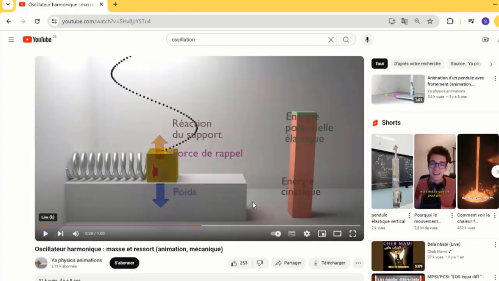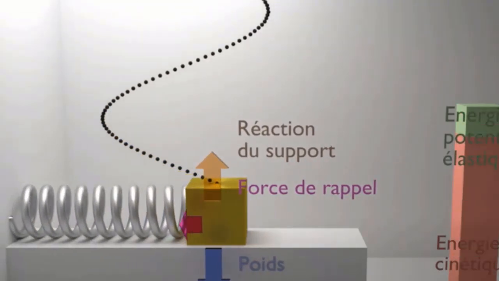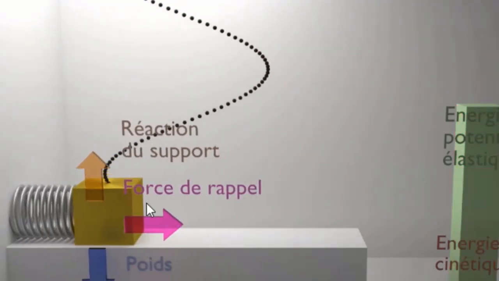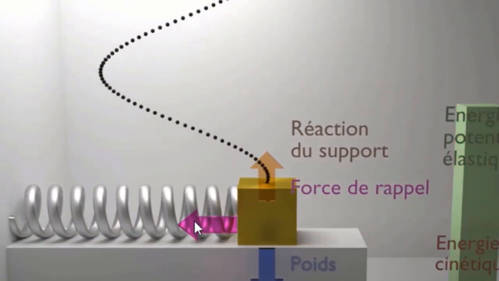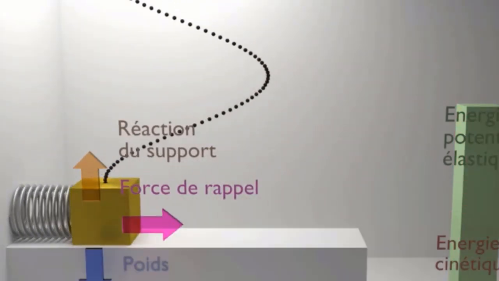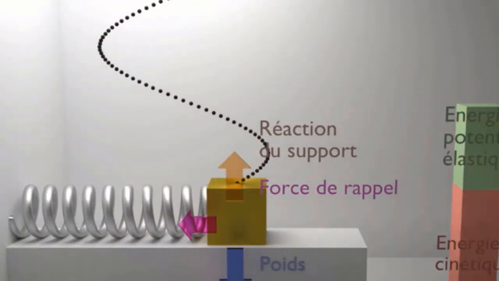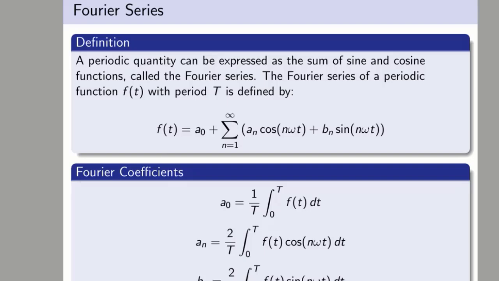As you can see here, the harmonic motion for the mass and the spring. This sinusoidal motion is also called the harmonic oscillation. Just a simple video.